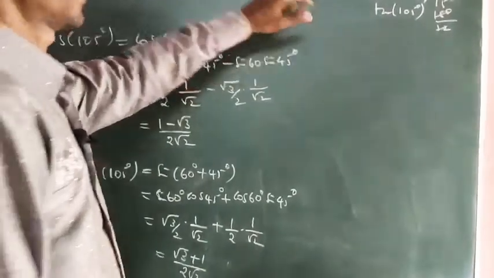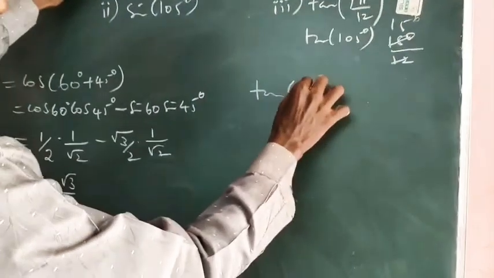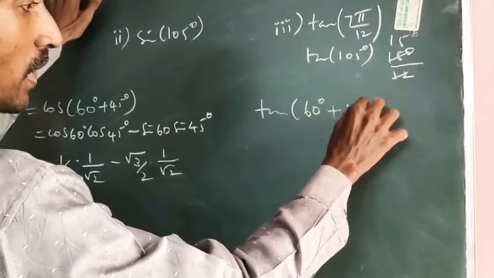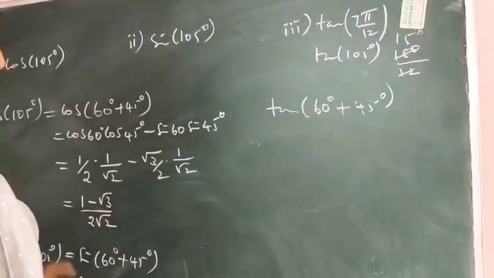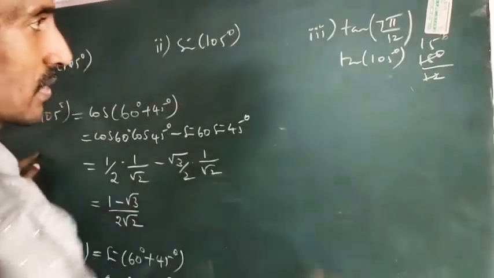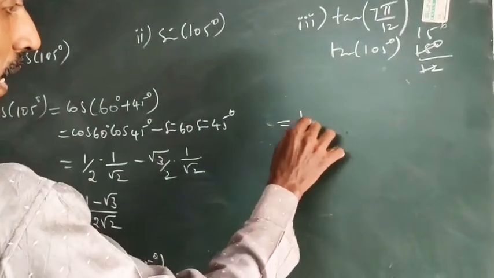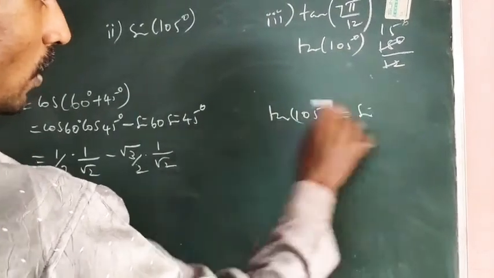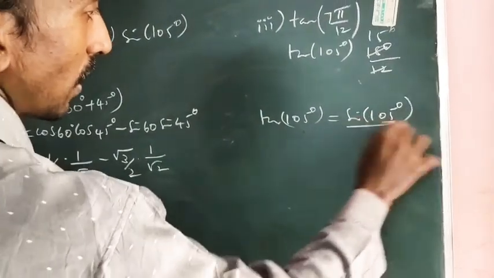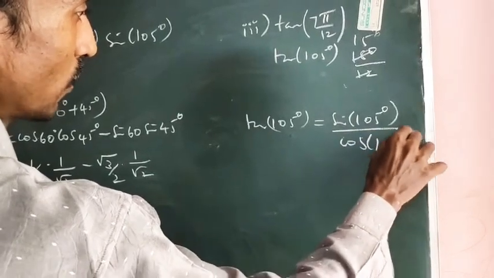Similarly tan 105 can be written again as tan of 60 plus 45, or we already have cos and sin. Tan 105 is nothing but sin 105 by cos 105. You can find it in 2 ways.